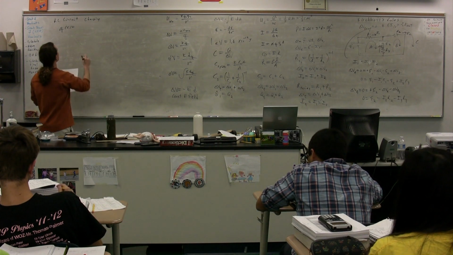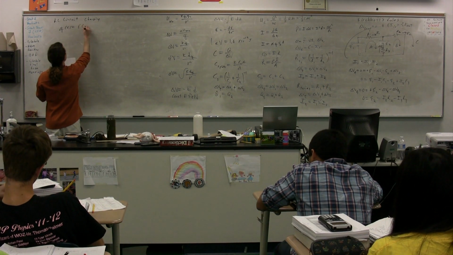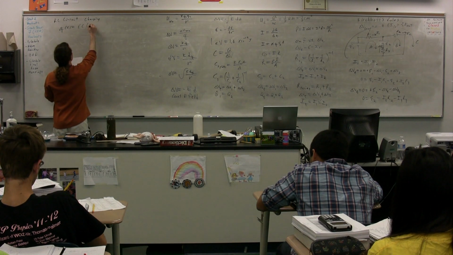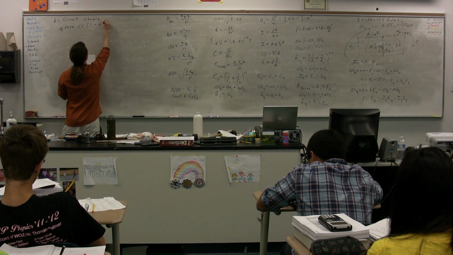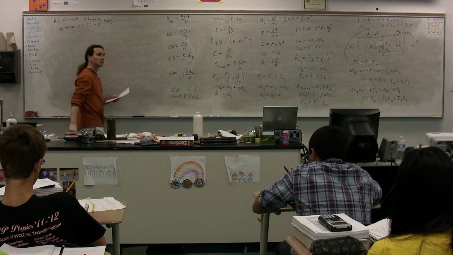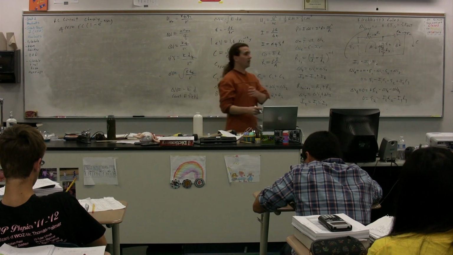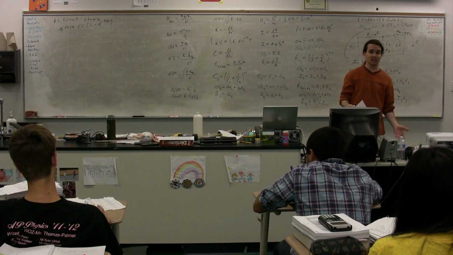Q2 equals the EMF times the capacitance times the quantity of 1 minus e to the negative t over RC. This format is one we've seen many times.